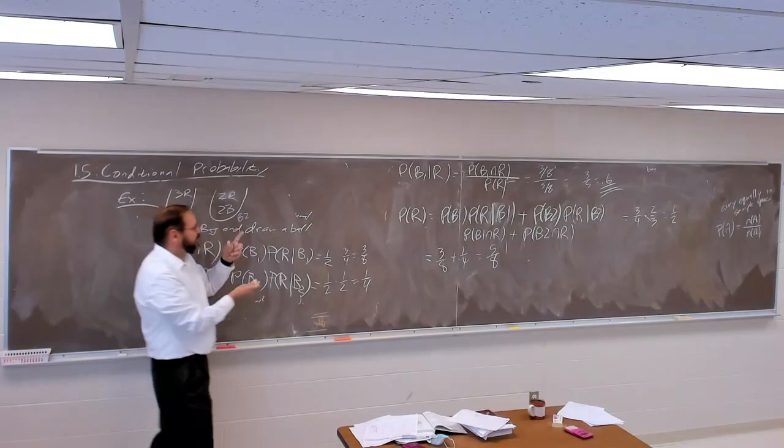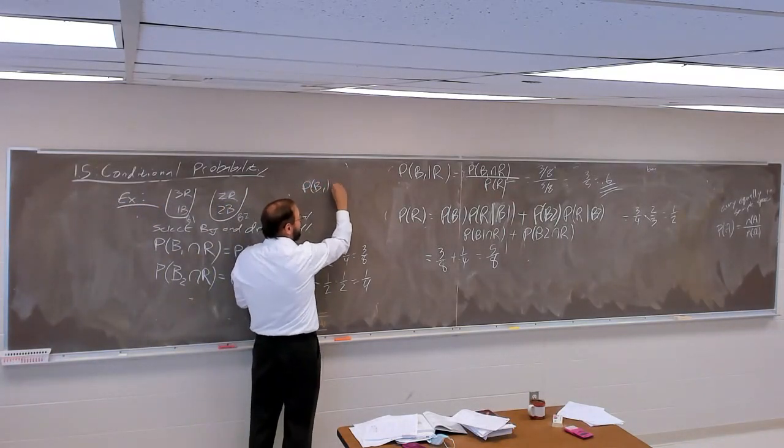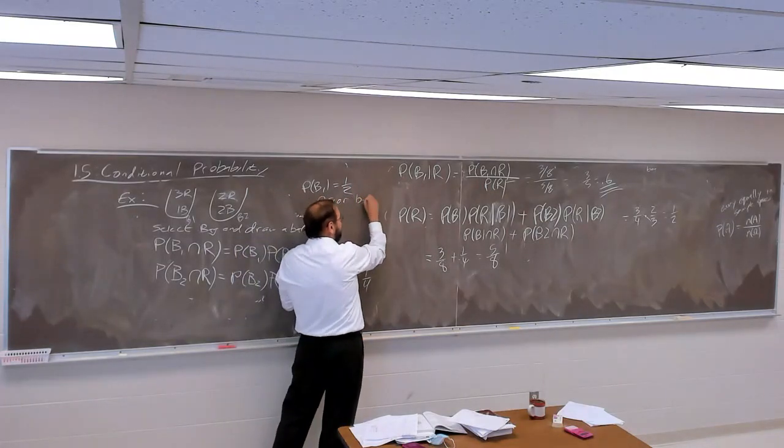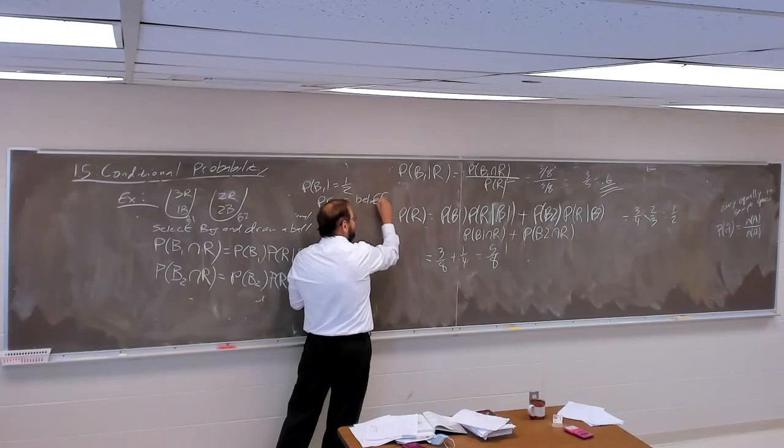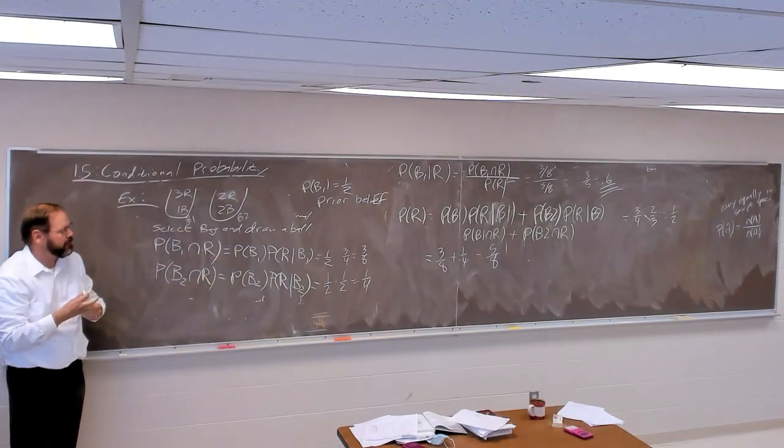So I've updated my probability. Without the additional information, the probability that I drew bag 1 was 1/2. That was what I could call my prior belief. Without any additional information, that's what I thought.